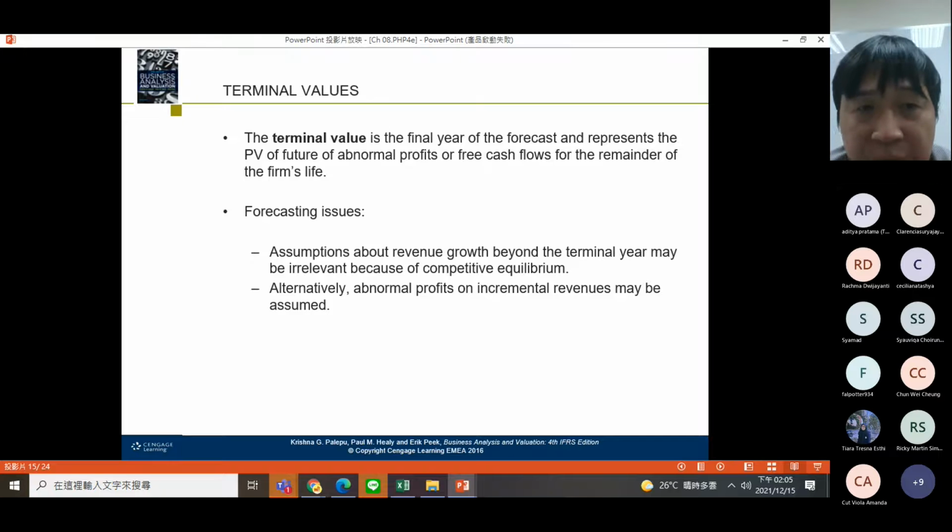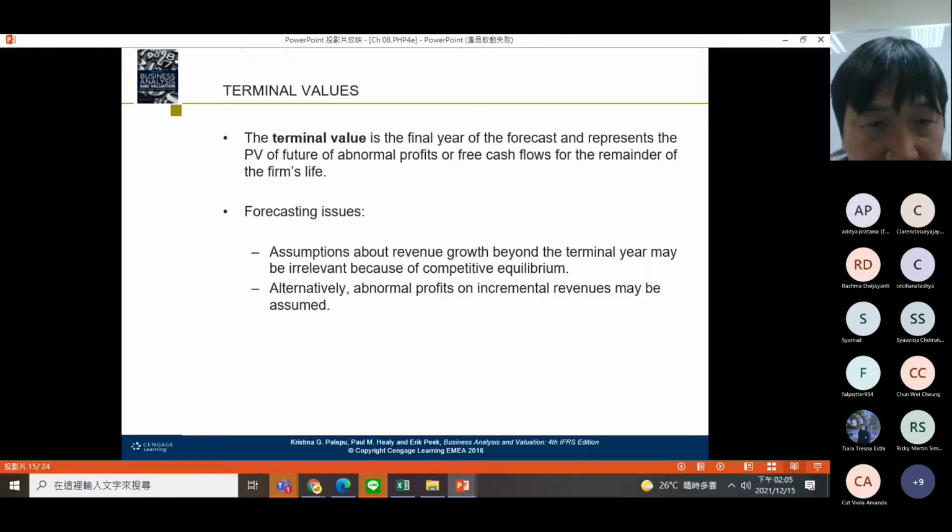So that is the terminal, the terminal date, and how much terminal value you have.